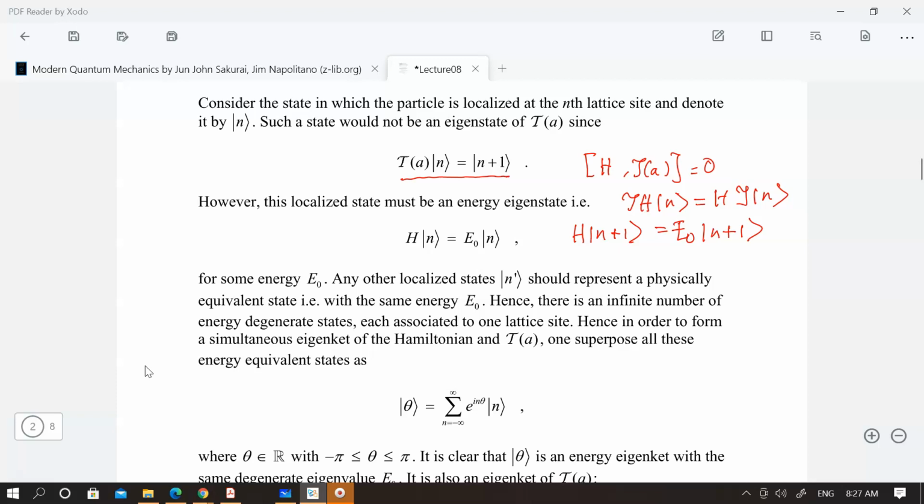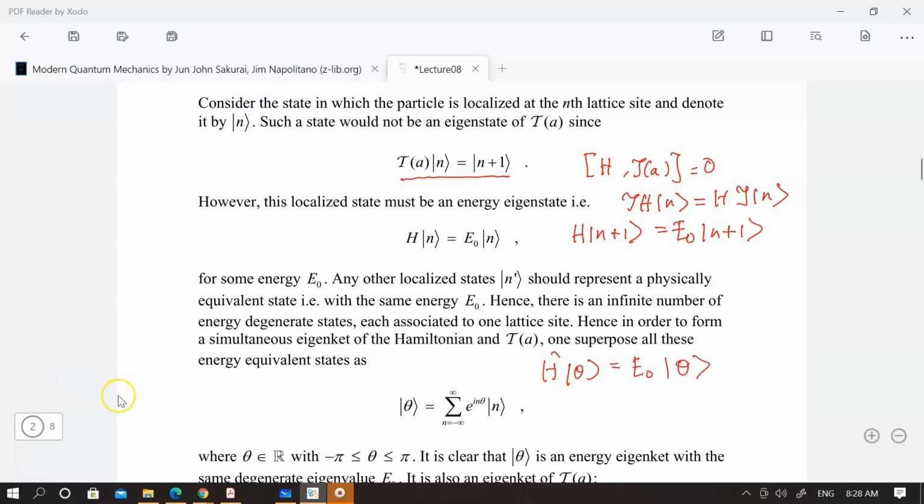So I can sum over all possible lattice sites of the localized states, not eigenstates, sorry, the localized states, and multiply each with some complex number. One can then define this new state theta, and this new state theta also has the same energy.